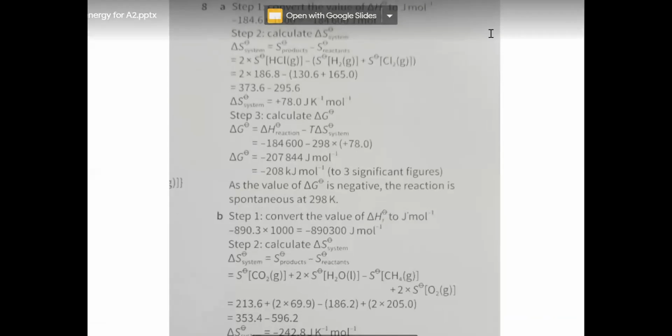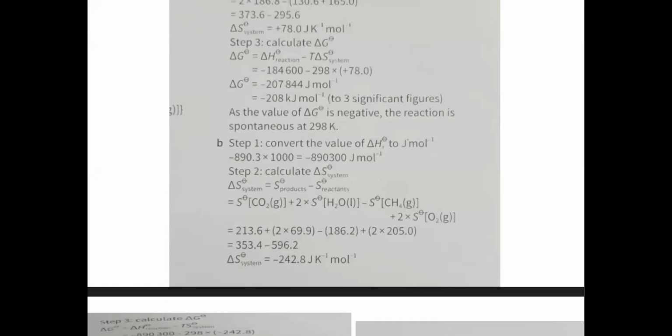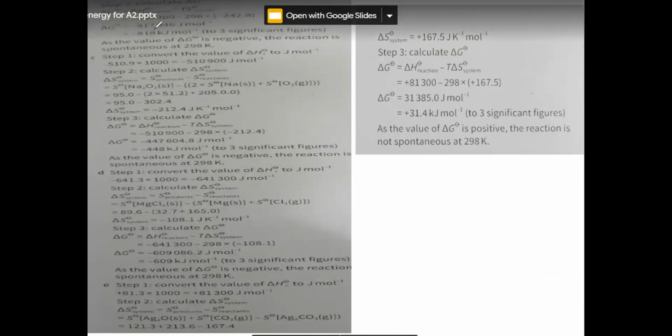This is question number 8, part A. The value for the A part is minus 208 kilojoules per mole, right? And for the next part, I'm lowering down the slide. For part B, the next answer is minus 818 kilojoules per mole, right?